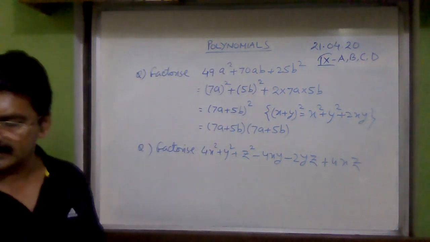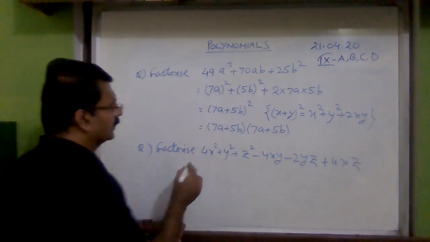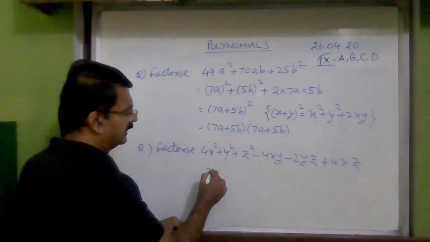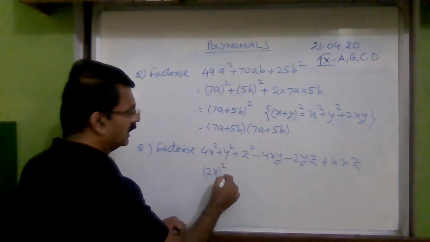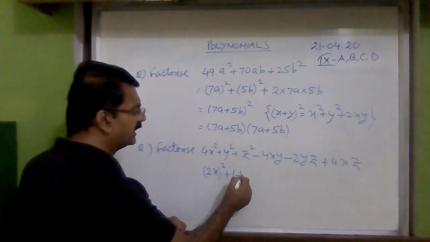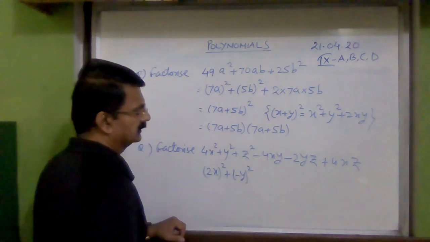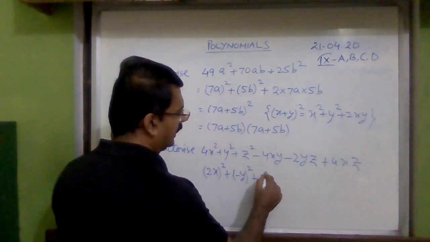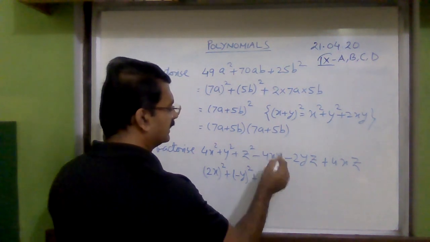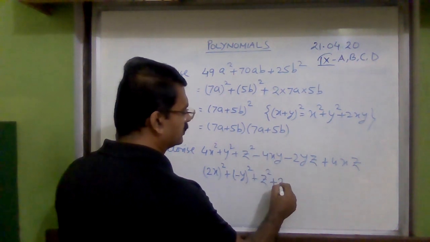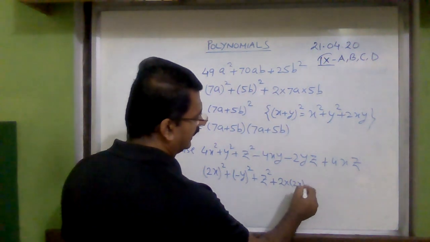Okay. Now see, 4x square can be written as (2x) whole square. Now y square can also be written as (minus y) square, plus z square. Plus this can be written as 2 into 2x into minus y.